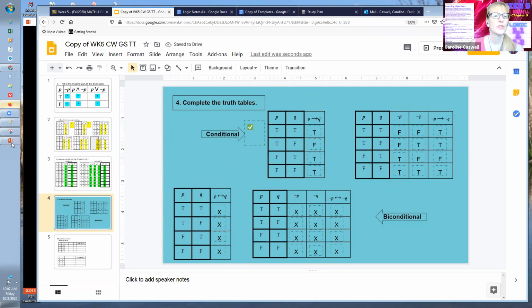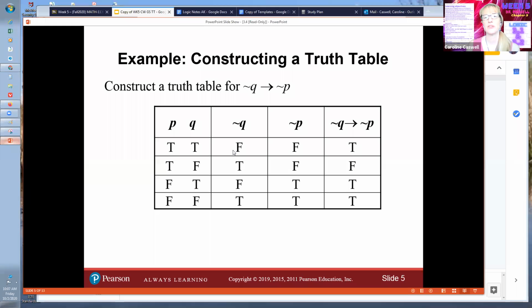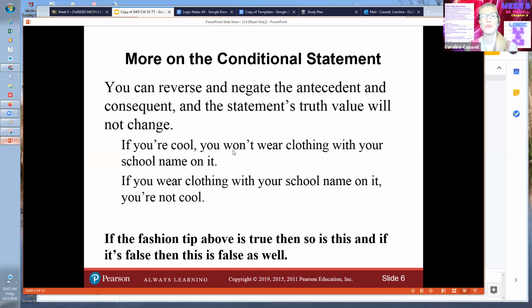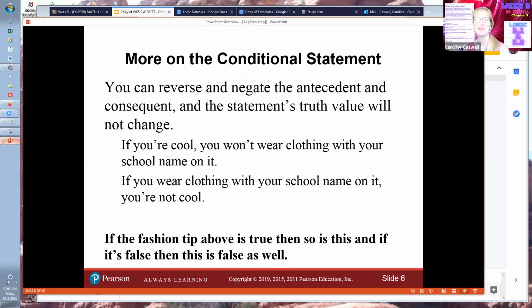Okay. So we go back to the PowerPoint, and we just went through that one. This is a new piece for me. I did not know this, so I'm learning it with you. You can actually take an if-then, reverse its order, negate the things you said, and it becomes true. So here's an example. If you're cool, you won't wear clothing with your school name on it.